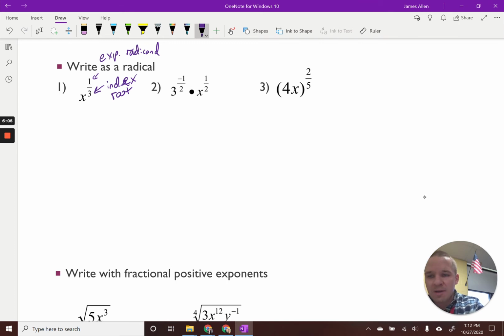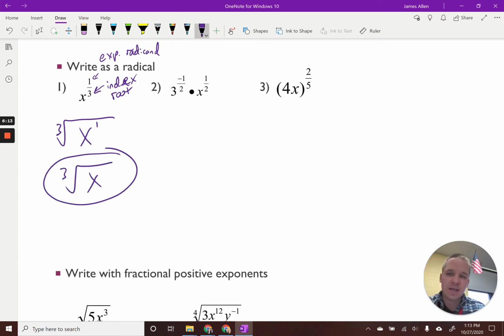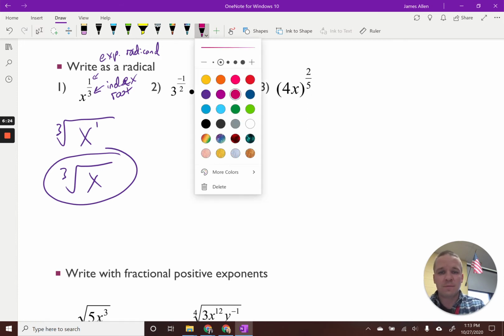So what I'd end up having is the cube root of x to the first, or just the cube root of x. I like it. Now, in this class, we're really going to want to have it in the exponential form. We're doing just a quick review here because math is fun, and we're going to see how we can go either way with it.